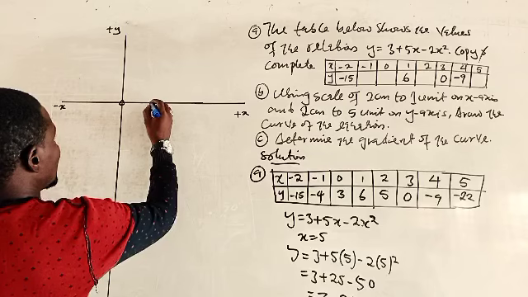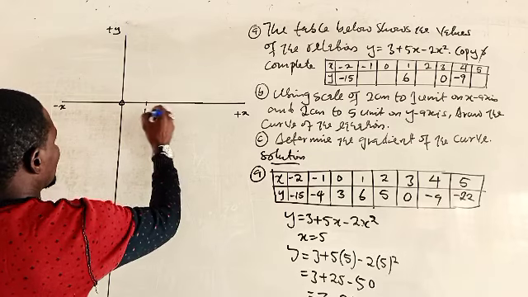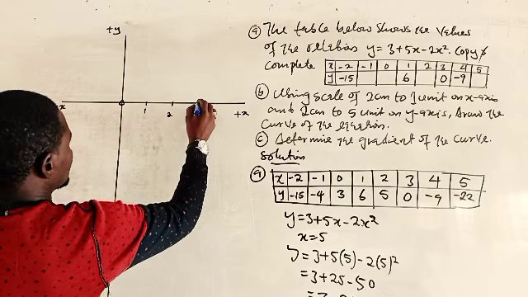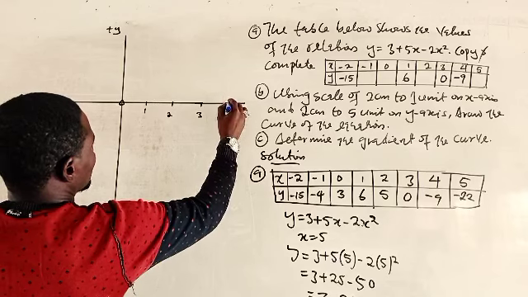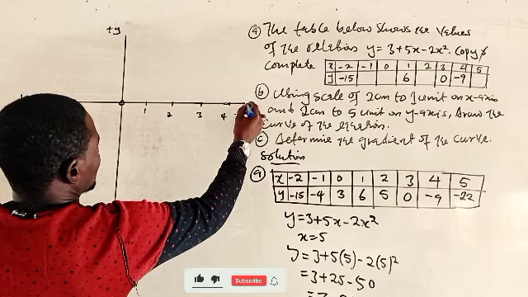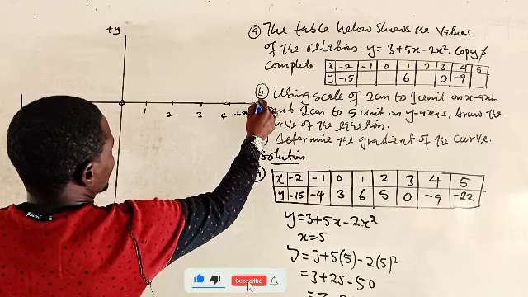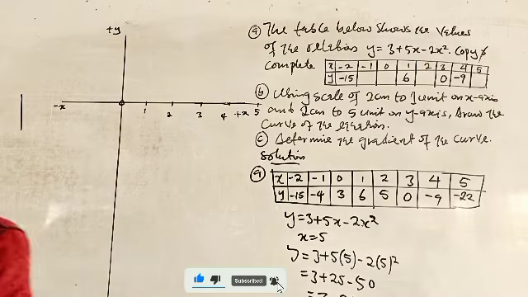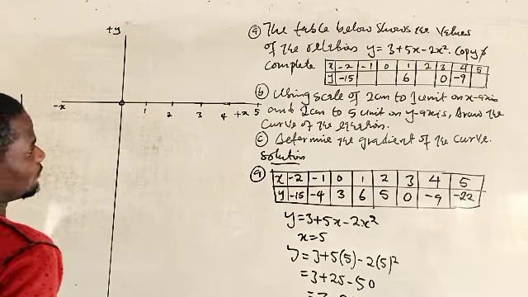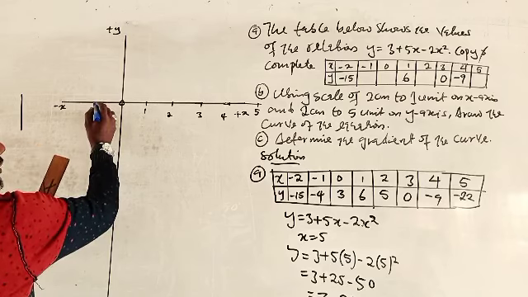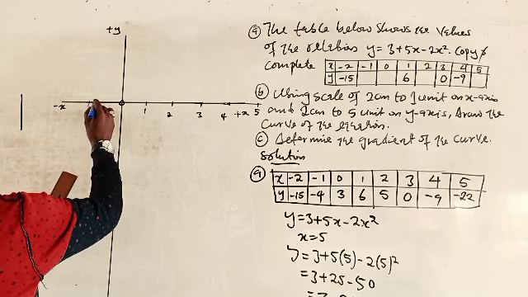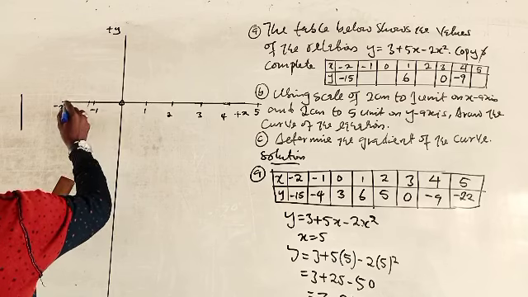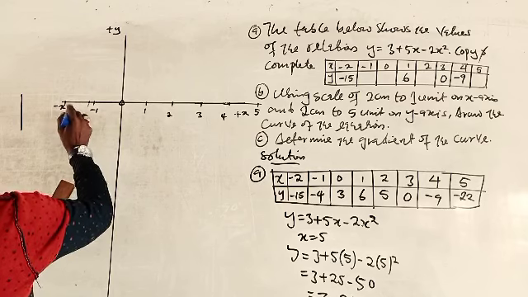That is, if here is 2 centimeters, we have 1, 2, 3, 4 here. Then later, here we have 5. Now from here we have minus 1, minus 2.